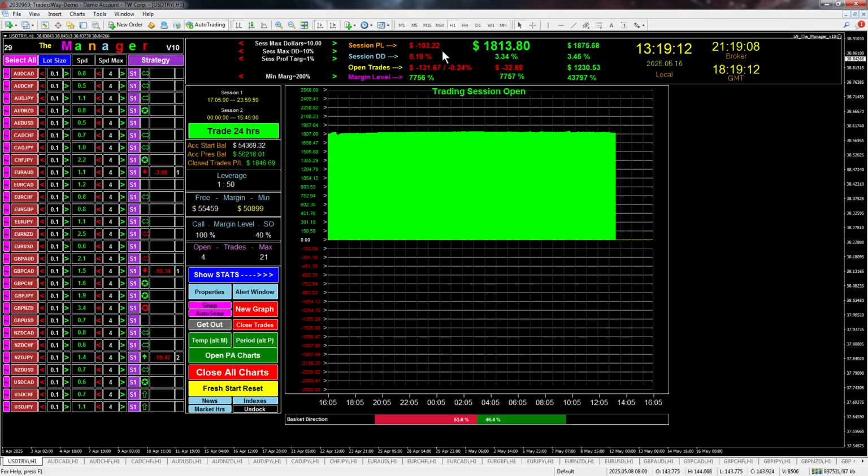So that's one thing you have to account for in your money management. Like you say, well, this looks good. It only went down $103. Yeah, but maybe next time it goes down $1,000. You don't know before it recovers and takes off. So you have to watch that in your money management.